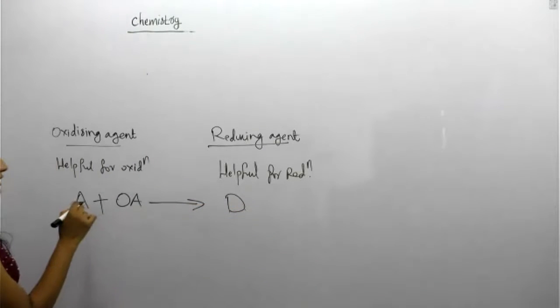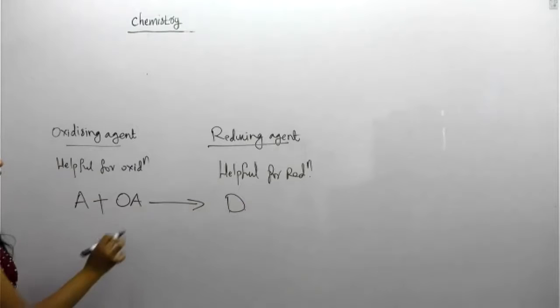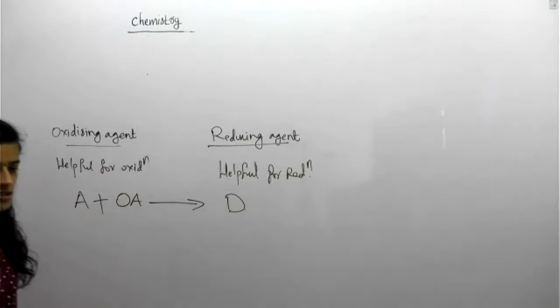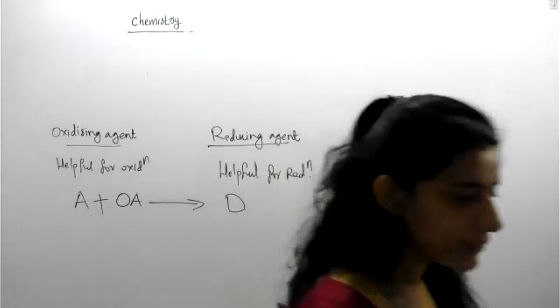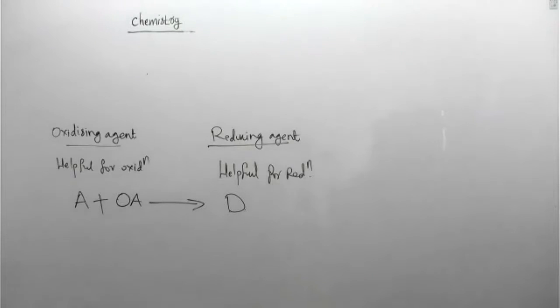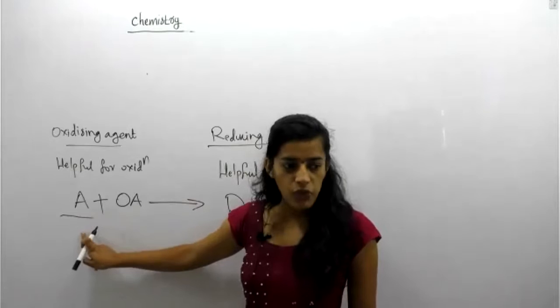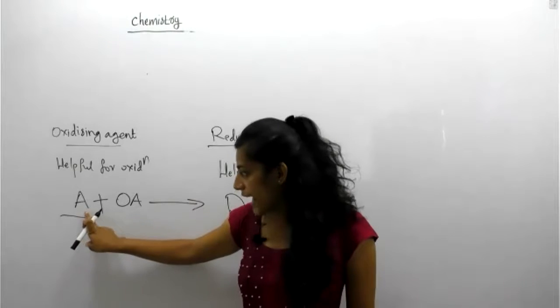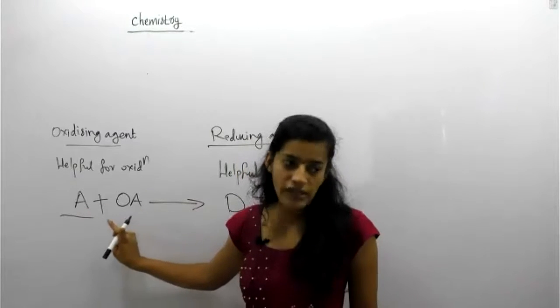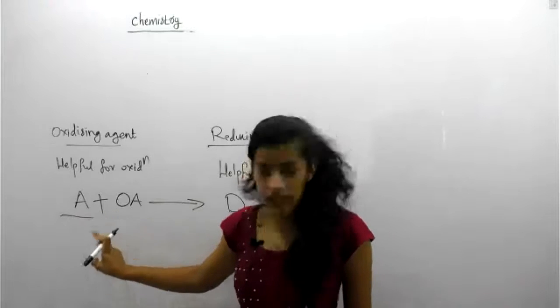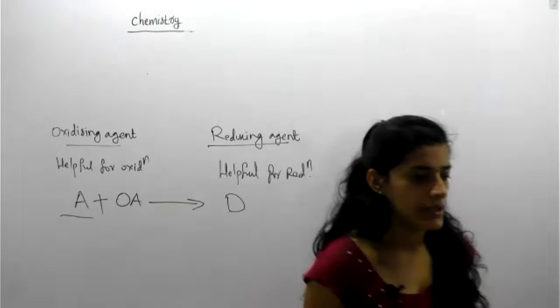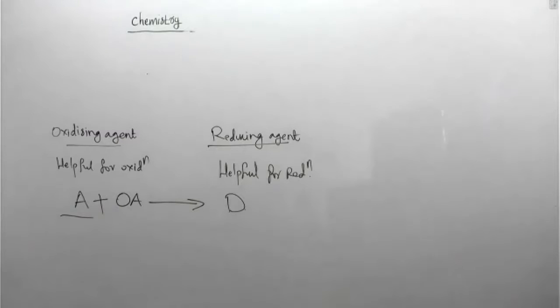So oxidation is happening here, in A. A undergoes oxidation, with the OA, the oxidizing agent. Can you guess? Will it accept electron or remove electron? Think.